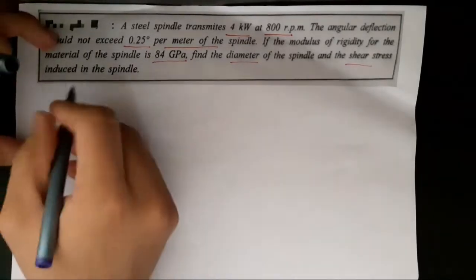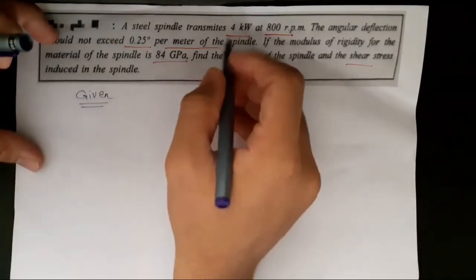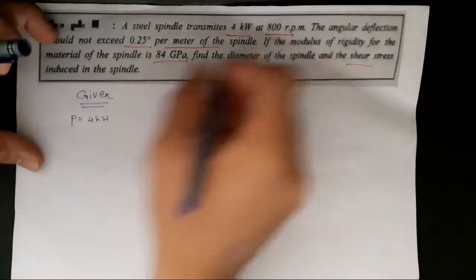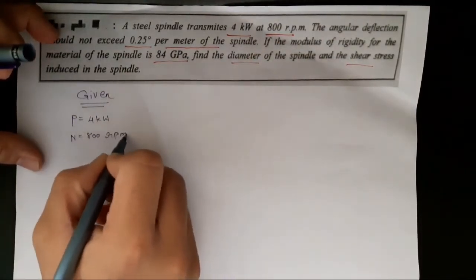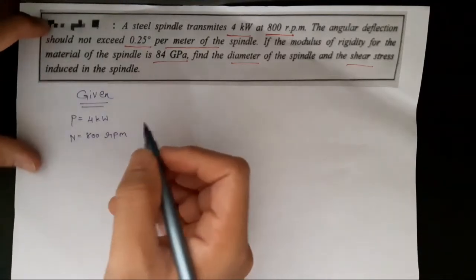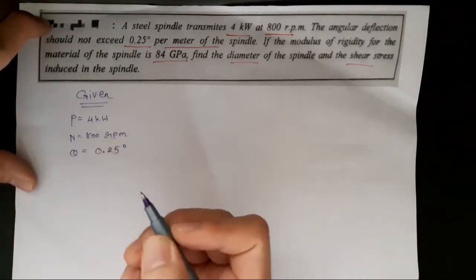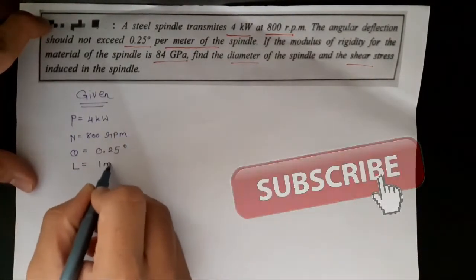So what is given? Power P equals 4 kilowatt, N equals 800 rpm, that is revolutions per minute. The angular deflection theta equals 0.25 degree per meter of the spindle, so the length of the spindle L equals 1 meter.